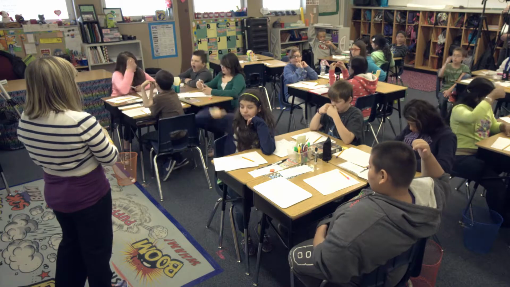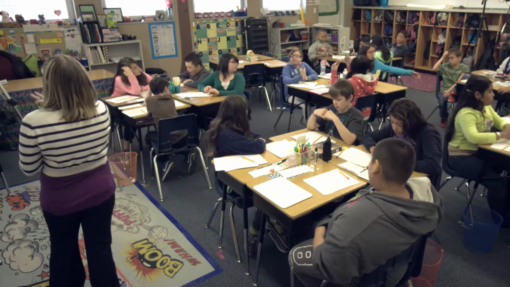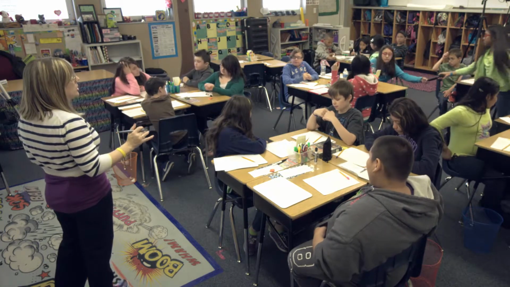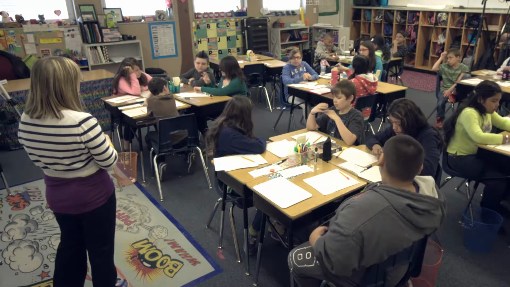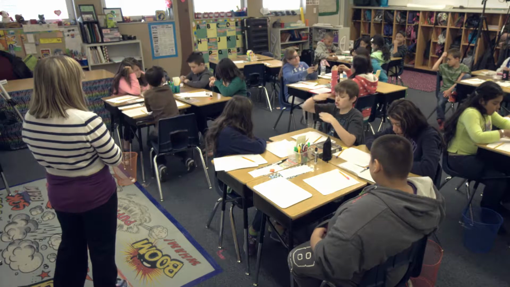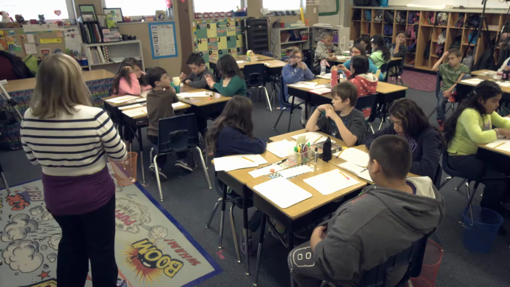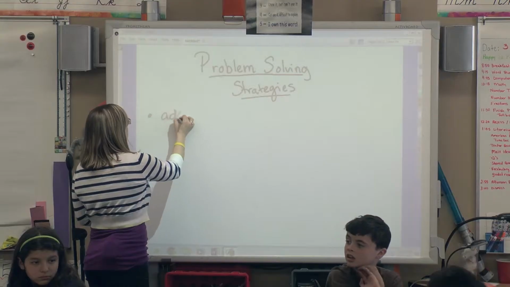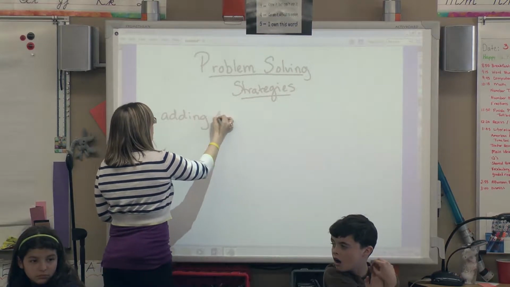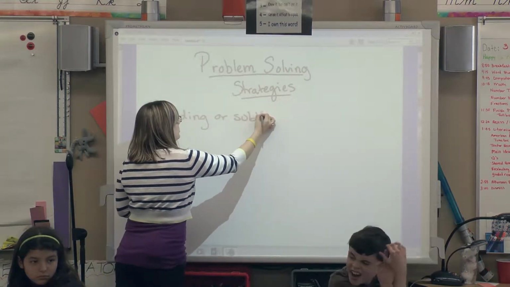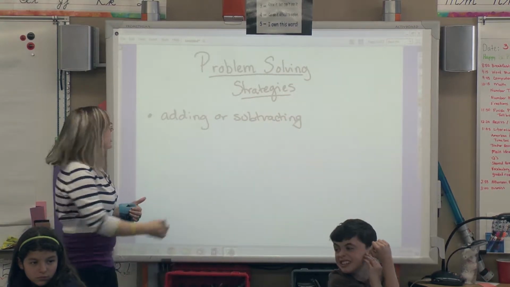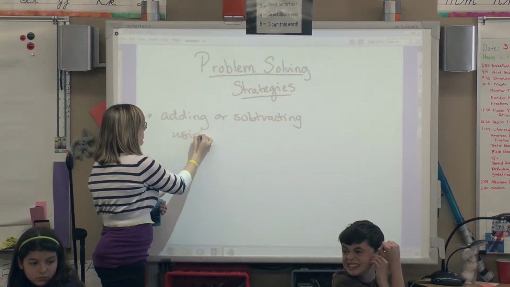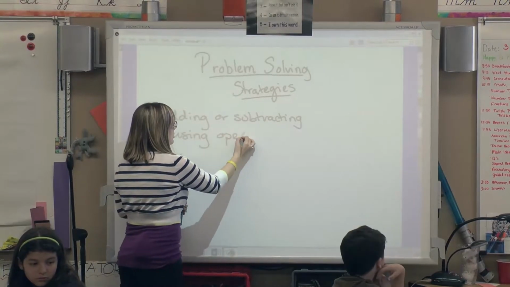Autumn, what did your group discuss? What are some general problem-solving strategies? Not for this particular problem, but how could you solve a problem in general? Adding or subtracting. Okay, so Autumn said adding or subtracting. I'm going to give that a technical term, and I could say using operations.